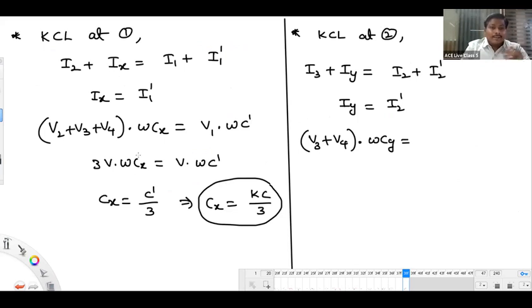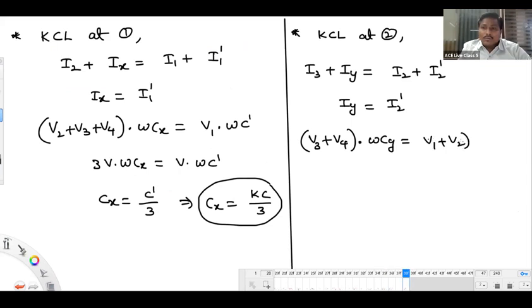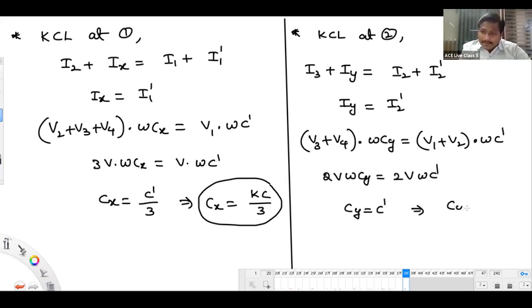It is (V1 plus V2) times omega C dash, which is 2V omega Cy, and again 2V omega C dash. So you get Cy equals C dash, or else you can write Cy simply as K into C.